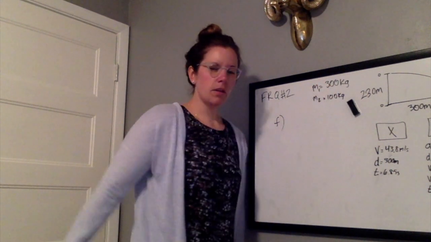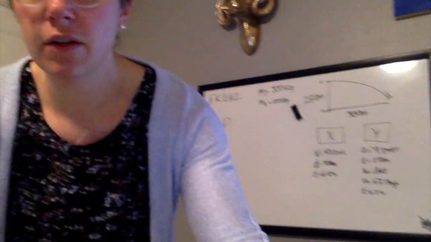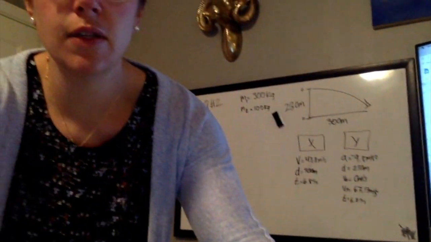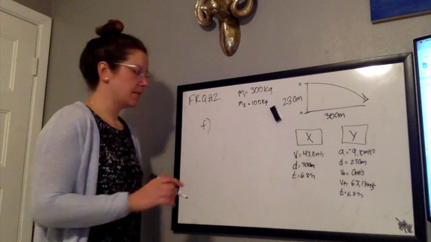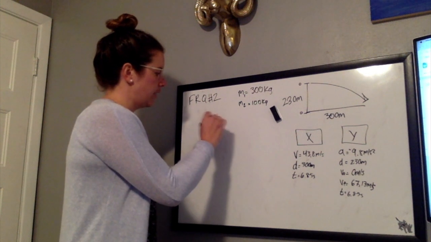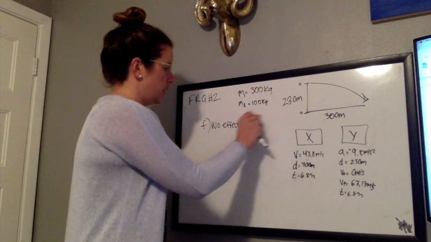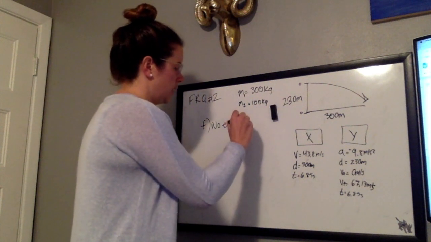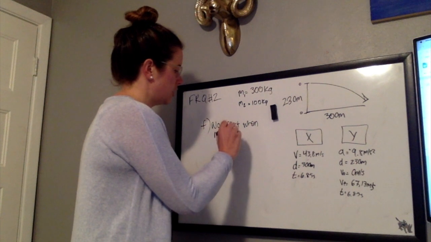Did we use this in our calculations at all? No. Do all things on Earth fall at the same rate? Do they experience the same acceleration due to gravity? Yes is your answer. So you would say something like no effect when mass is changed.